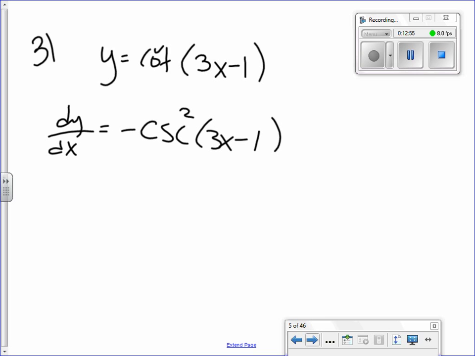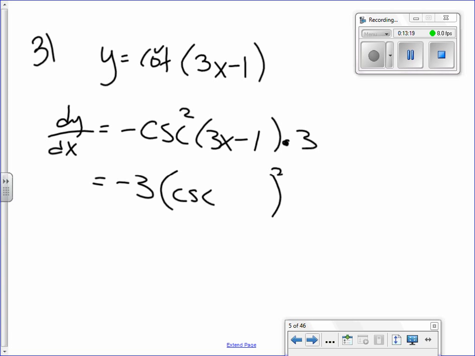Then we multiply that by the derivative of the inside, 3. Since I have to work with it, I'm just going to write this as negative 3 cosecant squared of 3x minus 1. Since I have to take the derivative again, what's being squared? The whole thing, the cosecant.